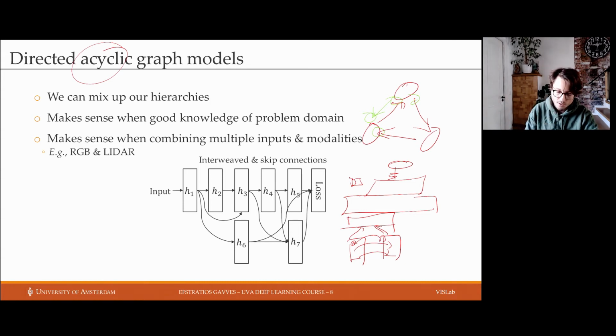Another case where it makes sense to have alternative connectivities is, for instance, for ResNets, where we know that we've got vanishing gradients, and then we say, we can add one more extra connection, such that we maintain stronger gradients.